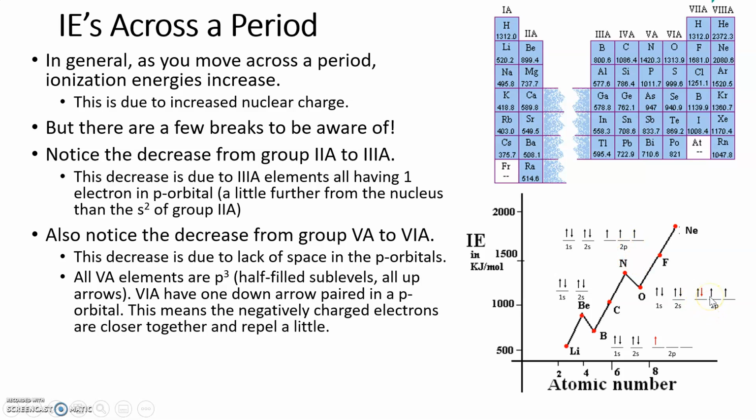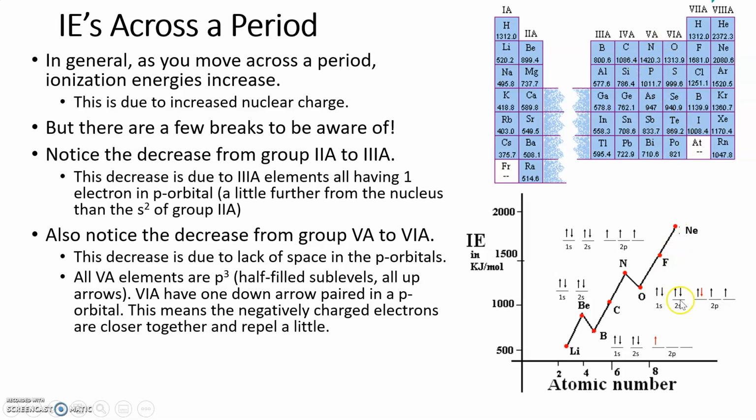So these electrons, again, I know they're spinning in opposite directions. That does definitely help them to coexist, but they're still negatively charged. They're still pushing each other away, and so that makes it a lot easier to take this red electron as opposed to any of these black electrons. And that's why we see, again, the fall in ionization energies from group 5a to group 6a.